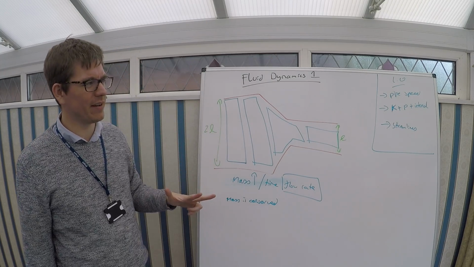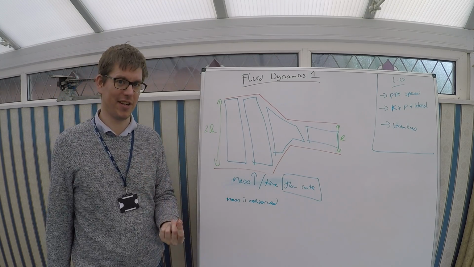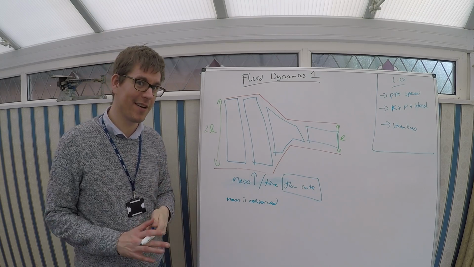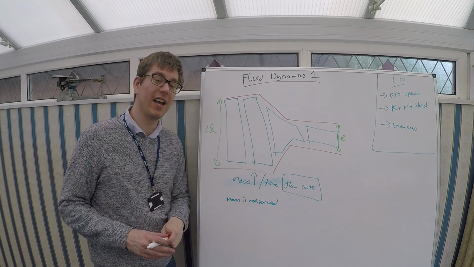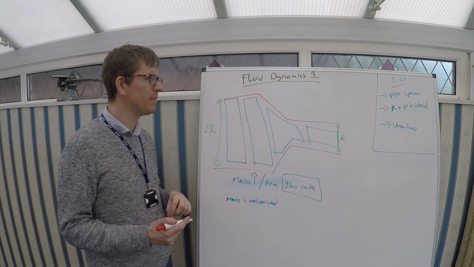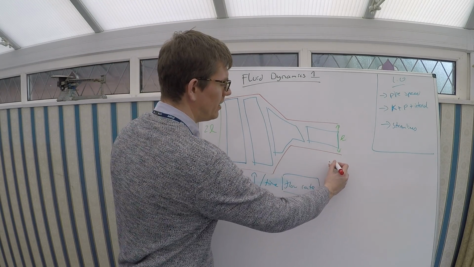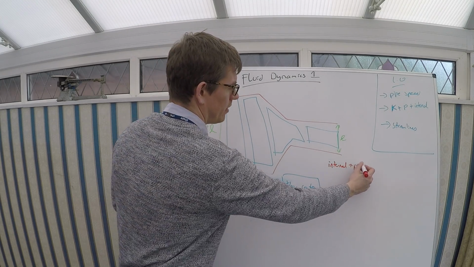The third thing we can look at, which is really cool, is conservation of energy. And this is where it gets a little bit more enticing. So we know from our study of ideal gases that all fluids have within them an internal energy and a potential energy.